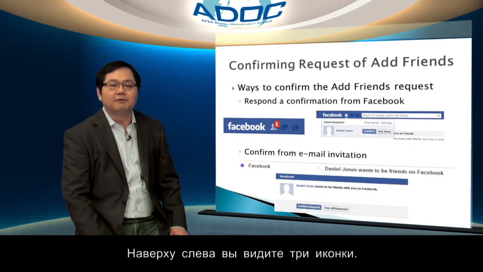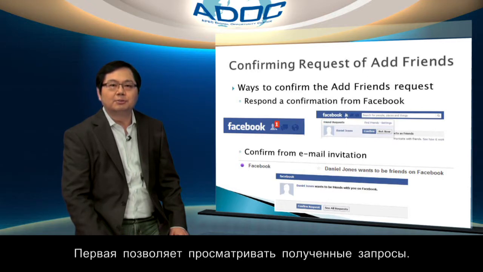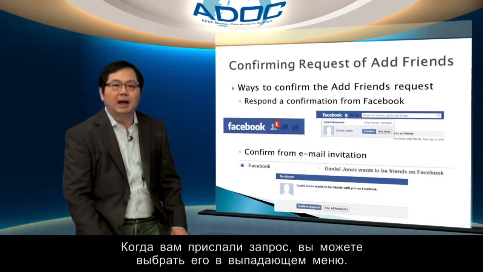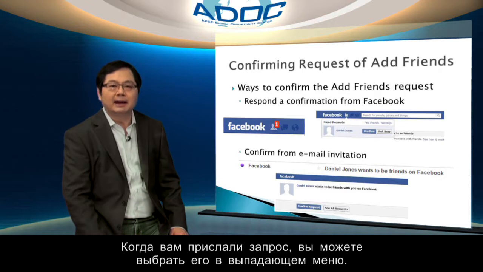Next to the Facebook logo, on the upper left of the screen, you see three icons. The first one is to check friend requests. When you have a request, you can use the drop-down menu to check the requests.